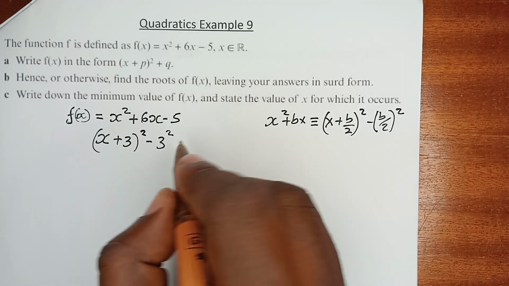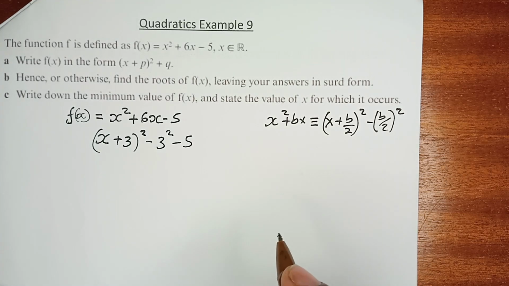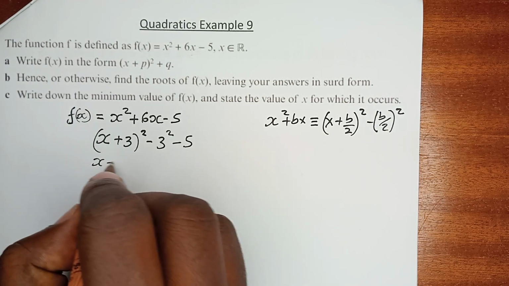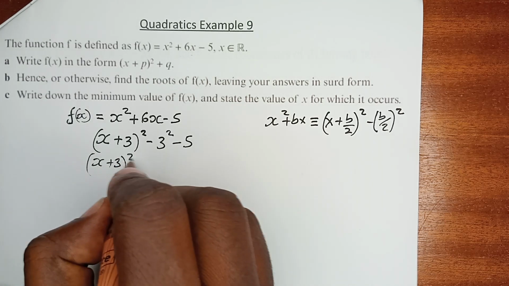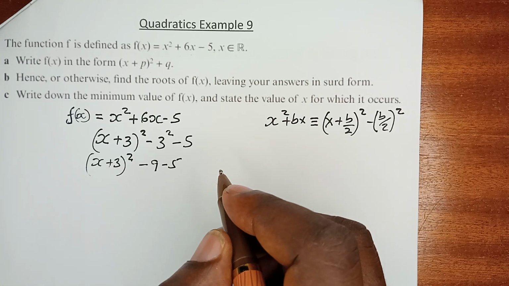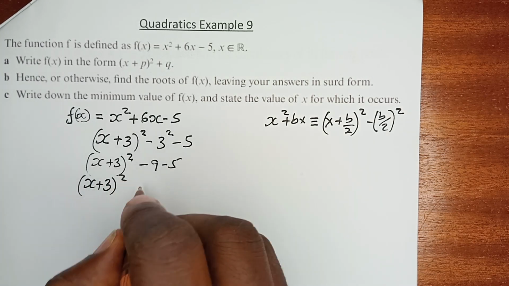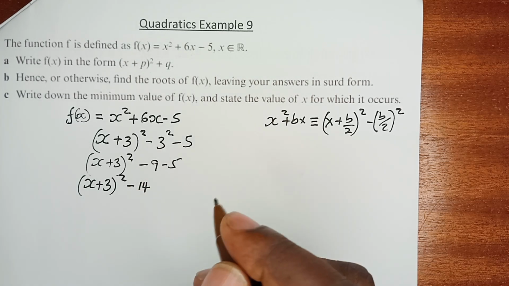The constant is independent, and therefore minus 5. Now this gives us (x + 3) squared minus 9 minus 5. And eventually this gives us (x + 3) squared minus 14.